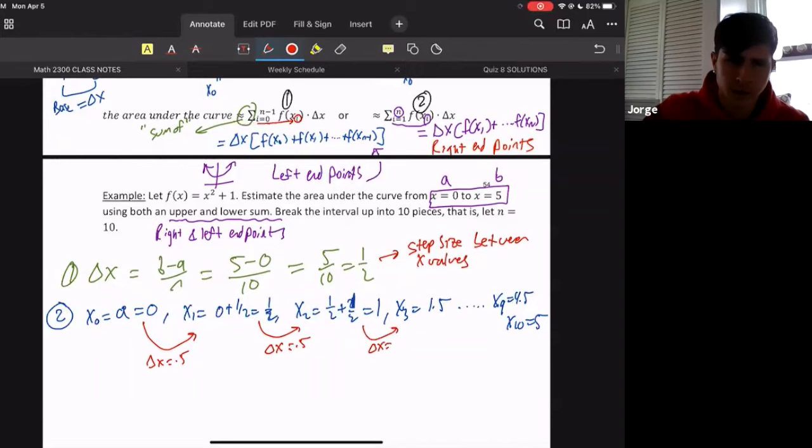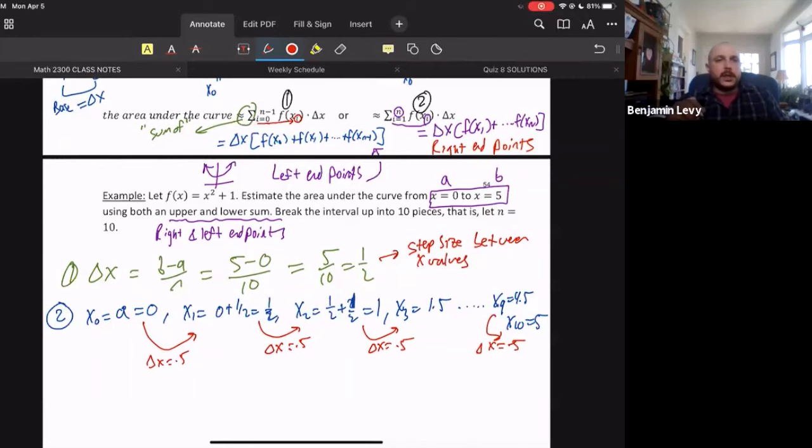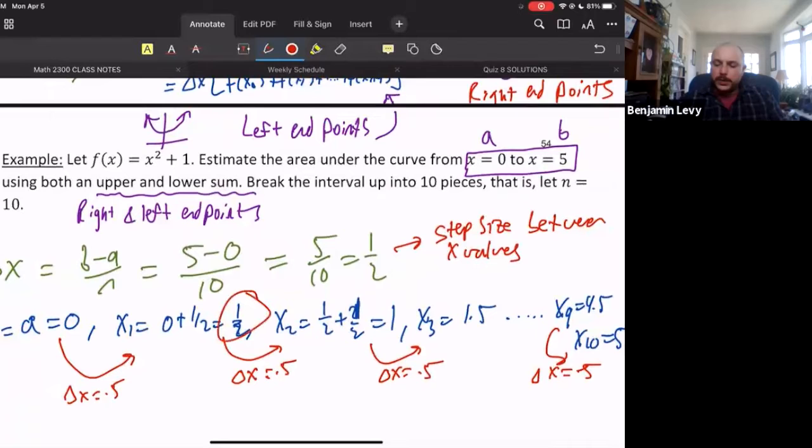What is x2 equal to? You tell me. If x1 is 1/2, and then we take a step size of 1/2, what do we get to? We're just taking steps of size 1/2. So 0, 0.5, 1.